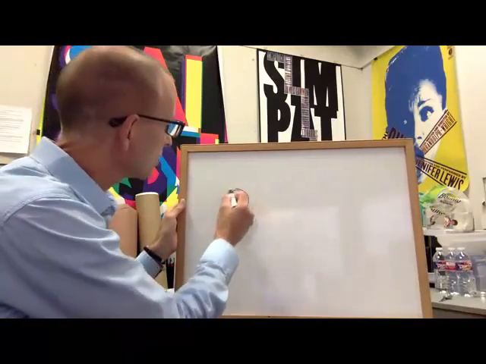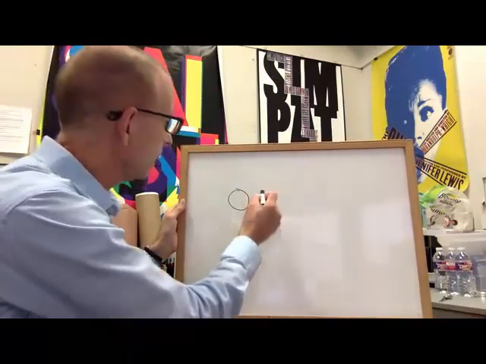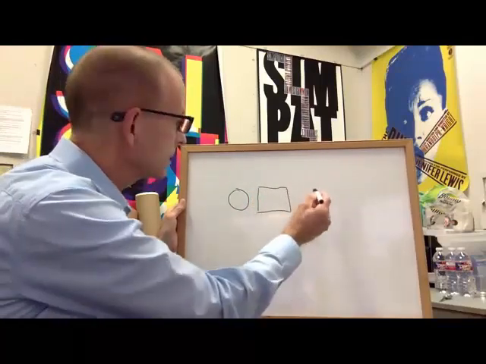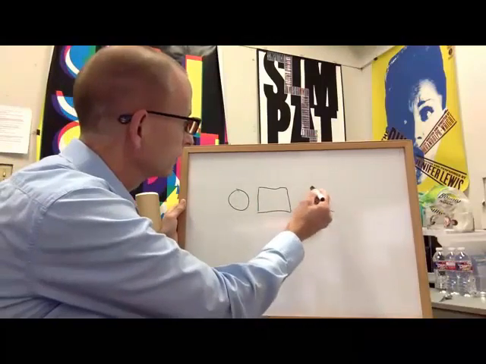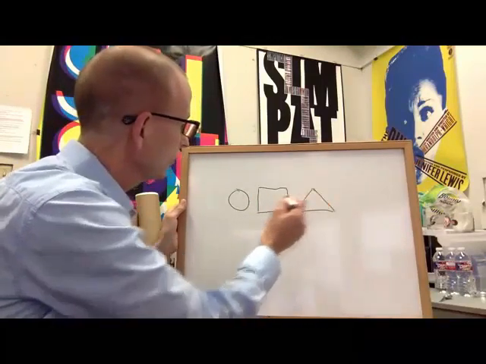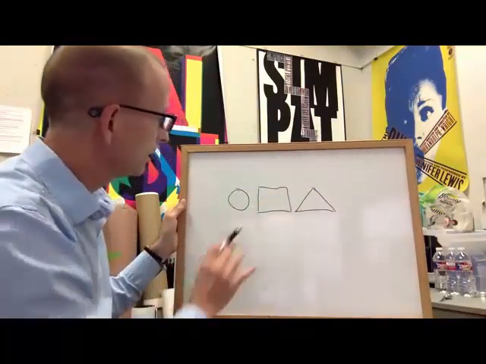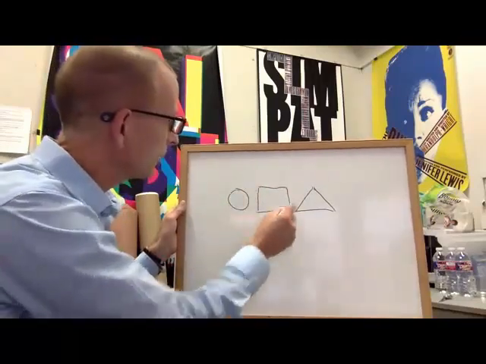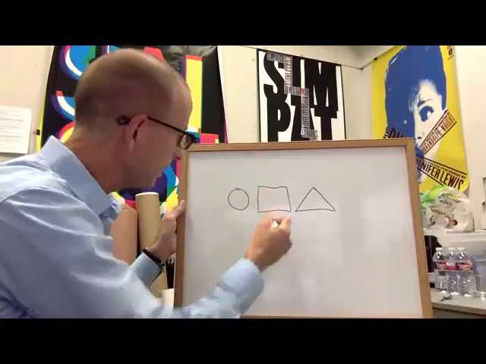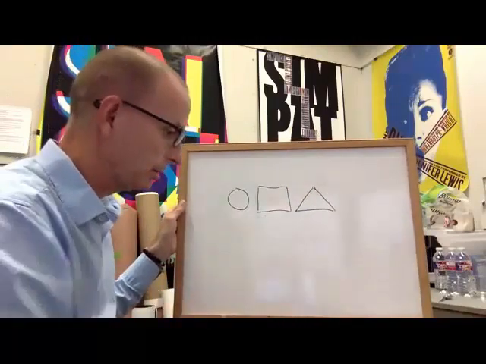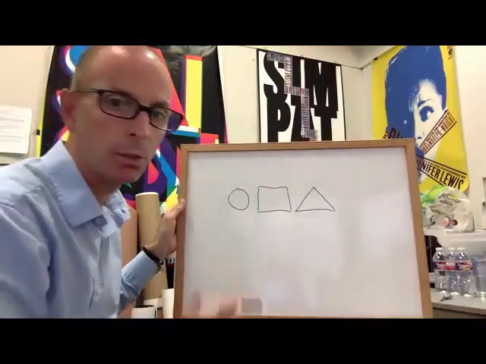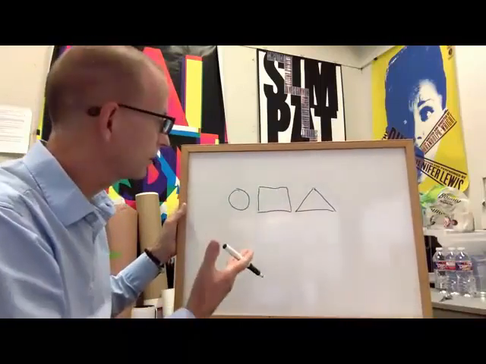For example, a circle and a square, as well as a triangle. So these are three very familiar shapes, but also they're created with line, and then is referred to as shape.